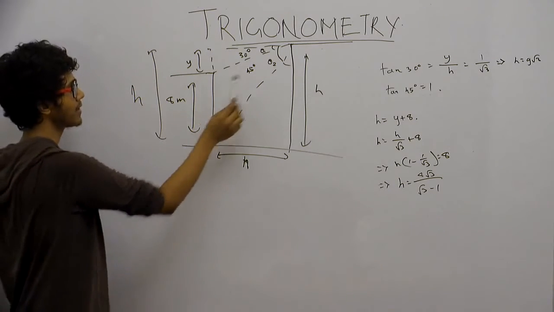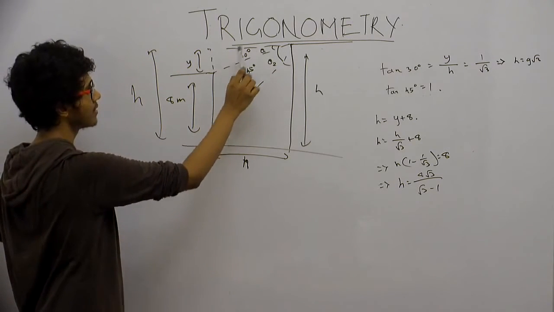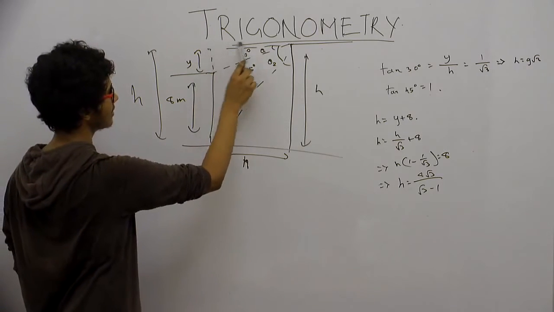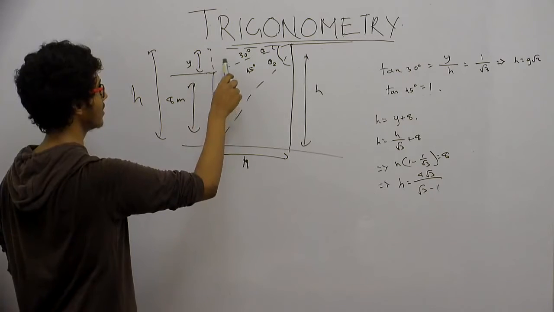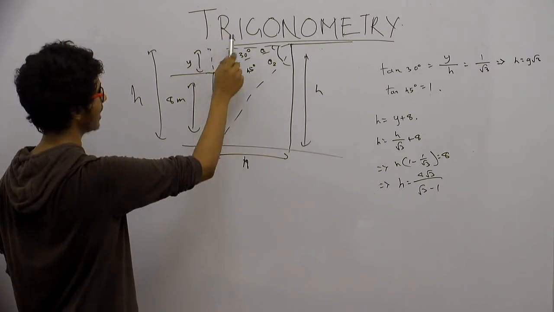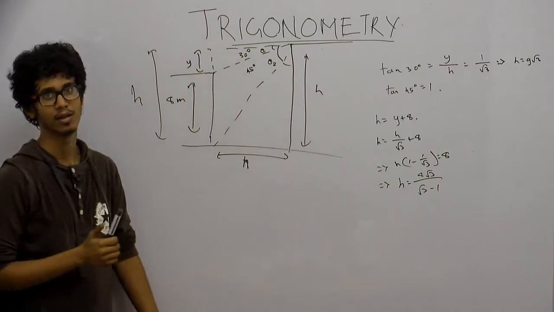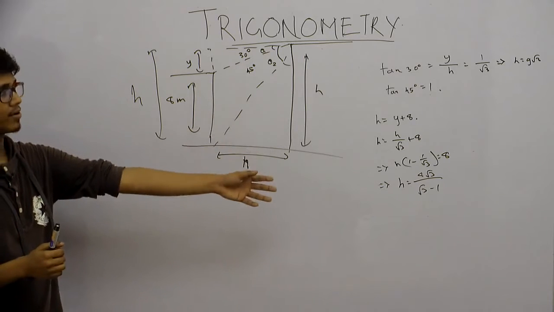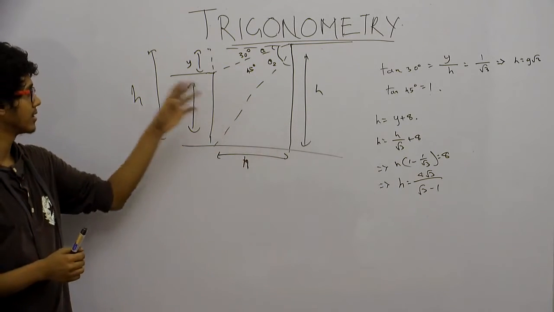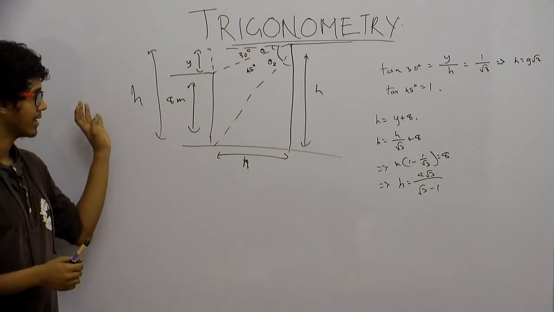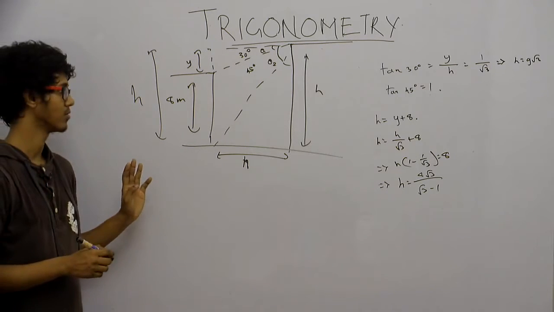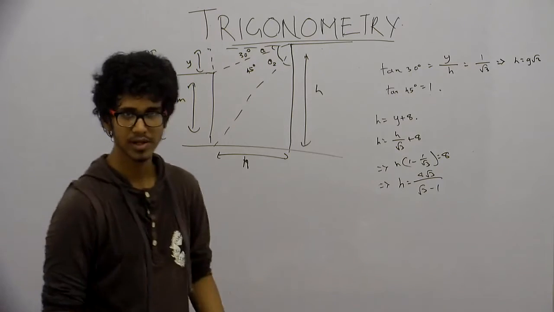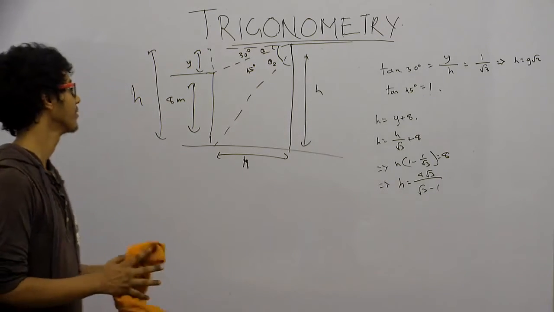Another equation comes from tan 30 degree, which is y by h, equal to 1 by root 3. Then we substitute the value of y in h equals y plus 8, and we get h, both the height of the multi-story building and the distance between the two buildings. Alright, let's move on.